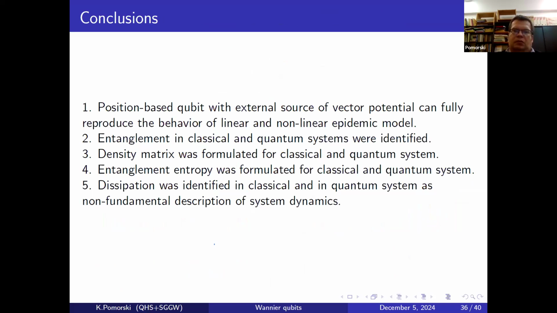Yeah, now I just want to move to, at least, what's my message? My first message is that I'm able to mimic an epidemic model or a classical stochastic machine by Wannier qubits. I have the algorithm for how to describe this mimicking process. That's the first thing.